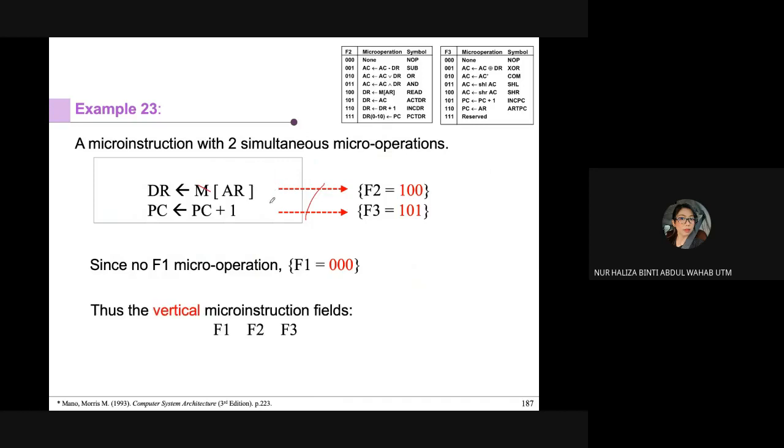And those your vertical micro instruction field will be F1, F2, F3. And what is the format? It is going to be 000, 100, 101. And the rest other, your CD and your BR is showing here. Later on, you will also need to put in.